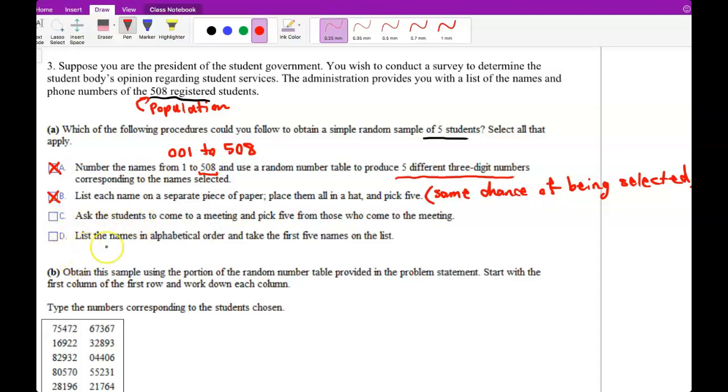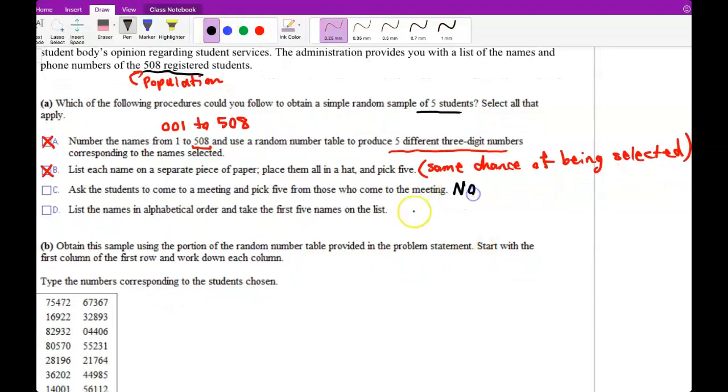Then part D, list the names in alphabetical order and take the first 5 names on the list. This is worse than that. This part D is worse than part C. That's not fair to use this. We didn't follow the rule for randomness. So the answer for part A is A and B.